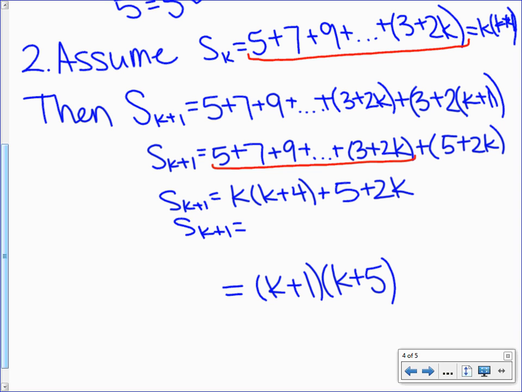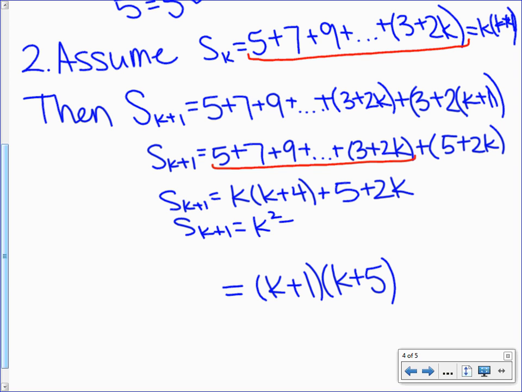So what are we going to have to do with this in order to get to something that looks like this? We have to combine common factors, distribute.